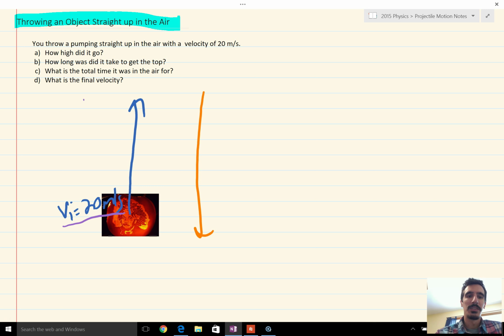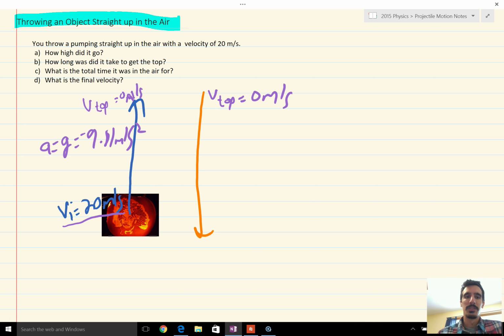So the velocity at the top is 0 meters per second. Vtop is 0 meters per second. And we know the acceleration due to gravity is g, negative 9.81 meters per second squared.